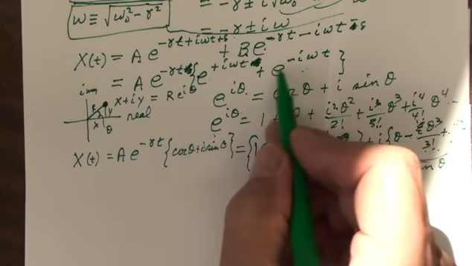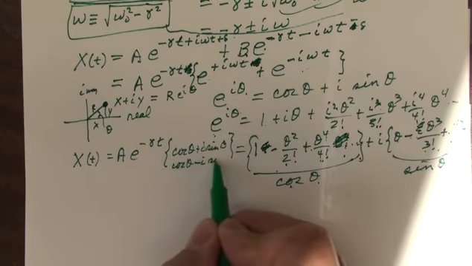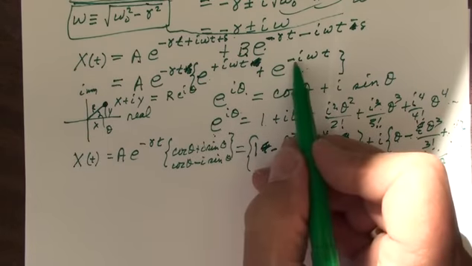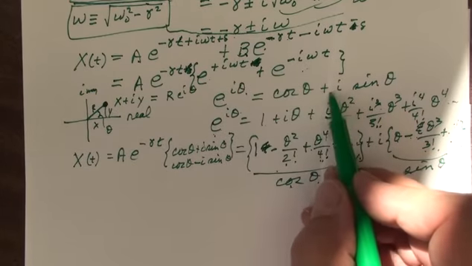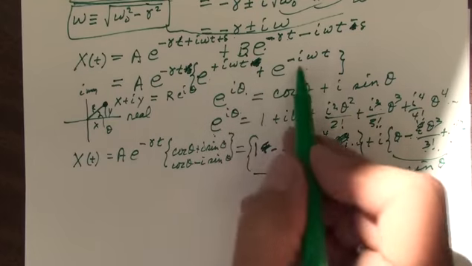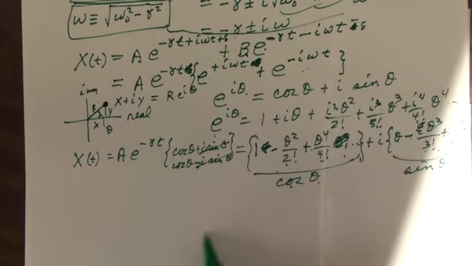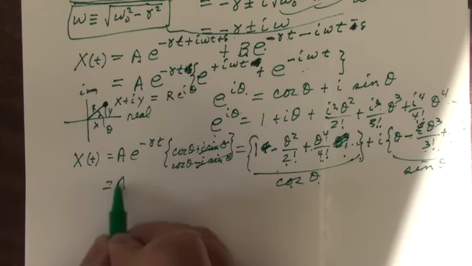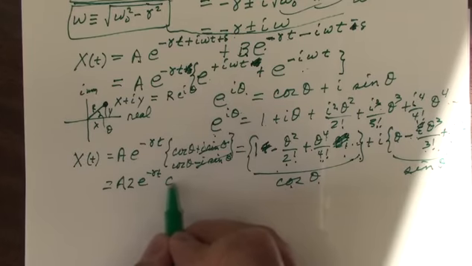And also then, for this term, I end up with cosine theta minus i sine theta. Why? Because this has a minus i where this one has a plus i. Therefore, I got a minus sign here, and you'll notice that out of these two terms, the imaginary part will now cancel. And I end up with A times 2 e to the minus gamma t cosine theta.